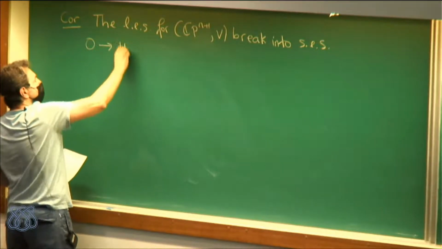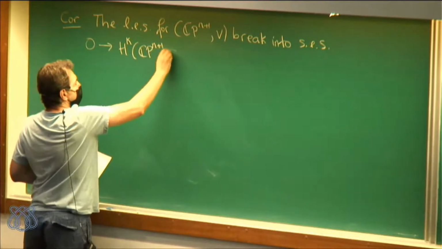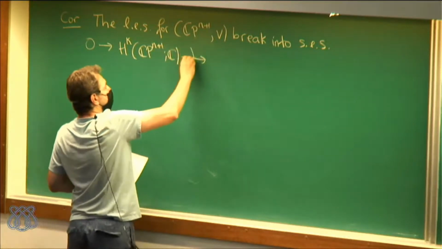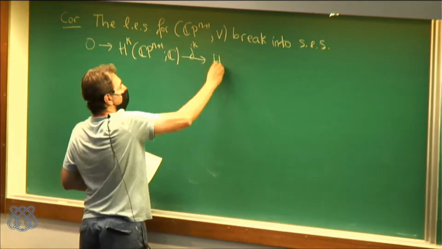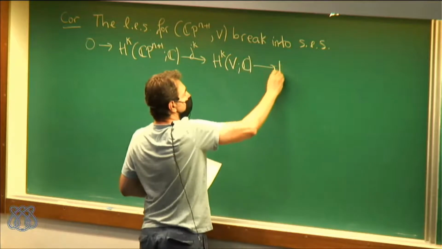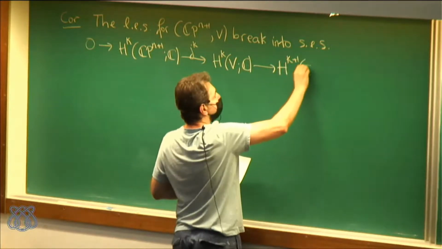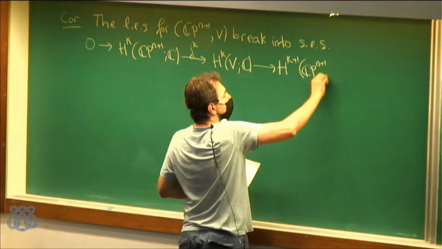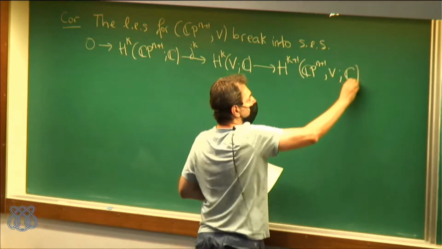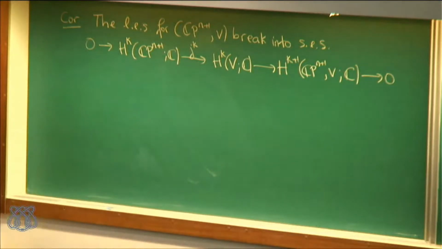So H^k of CP^(m+1) with C coefficients, then I have this map J_k to H^k of V with C coefficients, and then the pair. We'll see in a minute what this is good for, why I started with this.